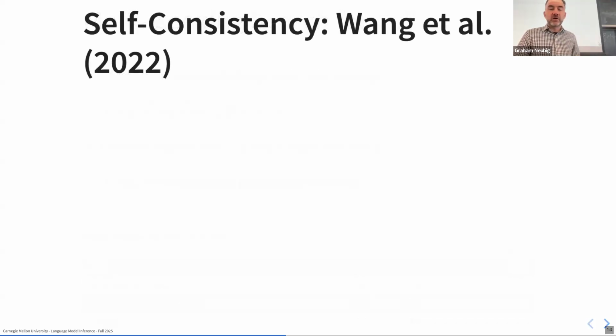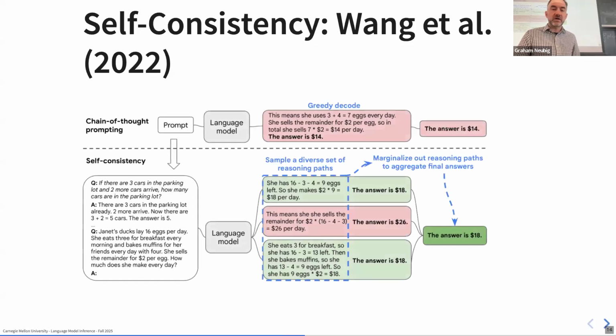But for self-consistency, if we have, like, the answer is 14 or the answer is 18, what we can do is sample a whole bunch of reasoning paths, and then count to see which answer is the most frequent. Based on the count, where the answer is the most frequent, we take that as our answer.